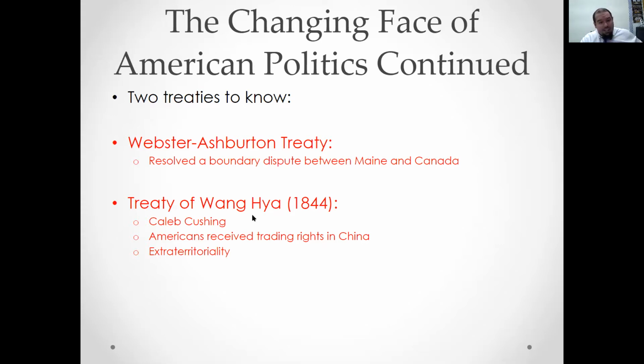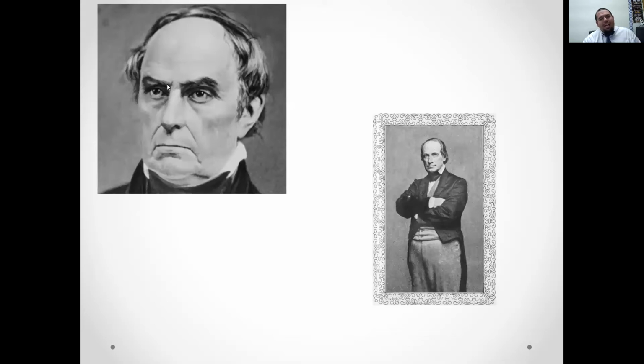It's going to lead to the idea of extraterritoriality, where if Americans committed crimes in China, they would be taken back and tried under an American court. And that's going to cause a lot of problems in the future. So that's Webster, that's Cushing.